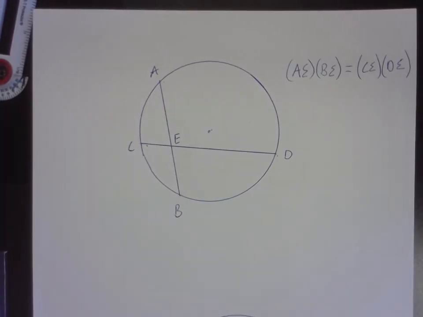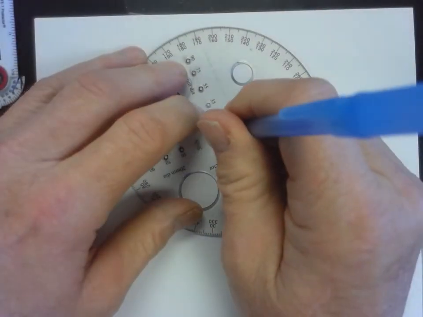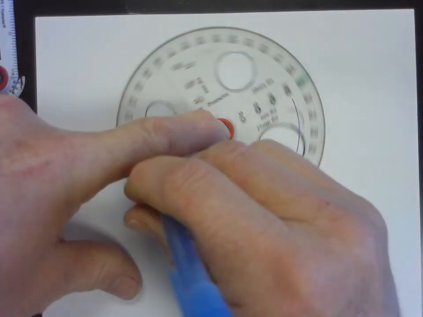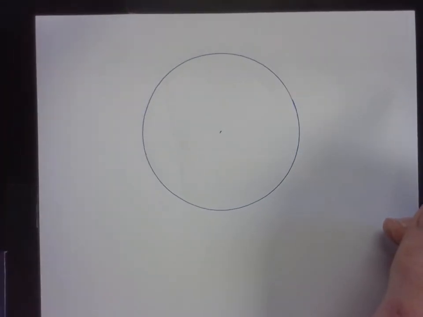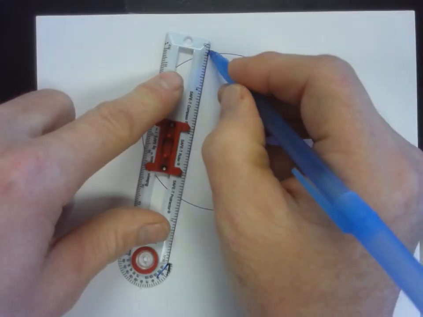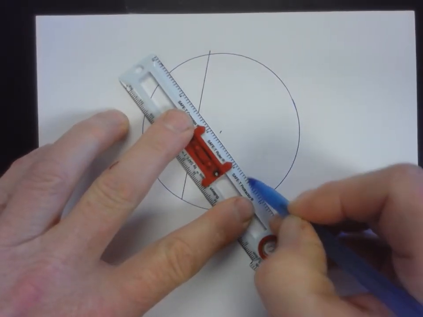And this one, to me, you know how I said the other day, all these theorems, they just seem right. You just look at them and go, oh yeah, that's the way it looks. That's the way it should be. This one, I don't think that's the case. I mean, I can just put a chord in here any place I want, and then another chord in here like that intersects it.